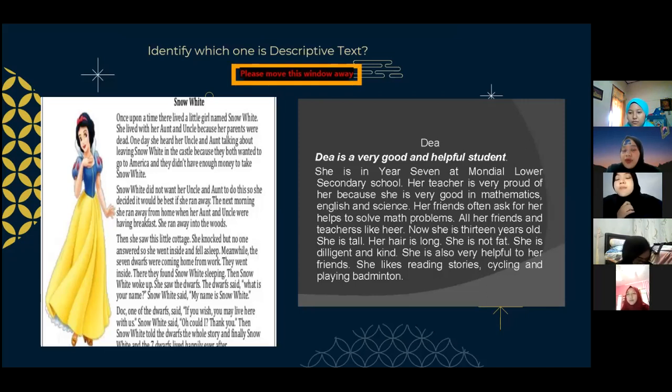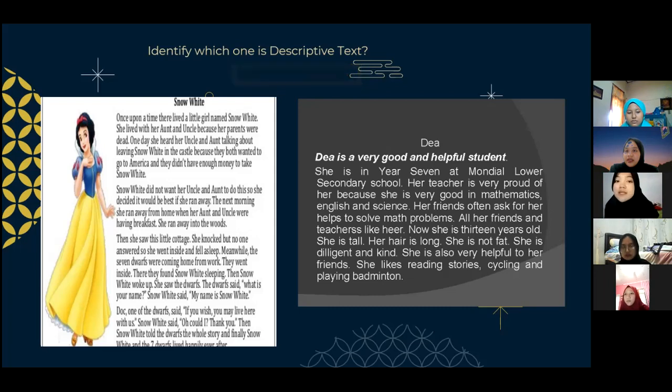If we look at this text, there is a very good and helpful student. So what is the structure about this? Using adjectives, Miss. Where are the adjectives? Good and helpful.